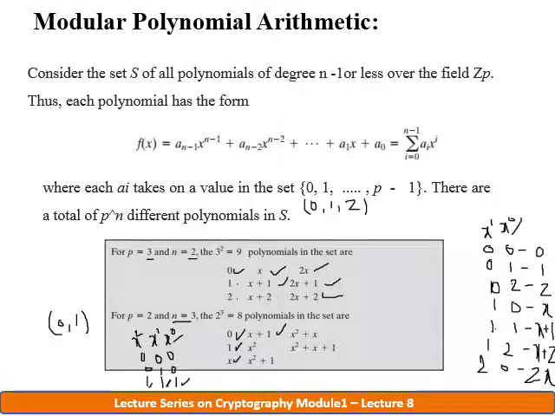So therefore we get the equation x square plus x plus 1. So that's how we find the 8 polynomials according to modular polynomial arithmetic.